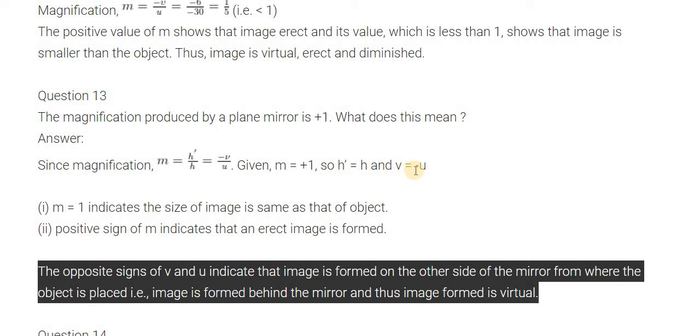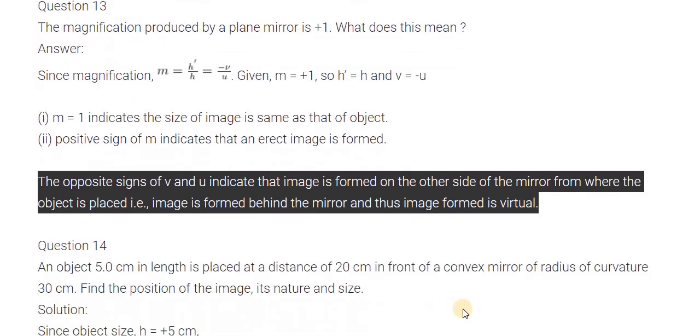Here you can see v is positive and u is negative. So the opposite sign of v and u indicates that the image is formed on the other side of the mirror from where the object is placed. So the image is formed behind the mirror and the image is virtual.